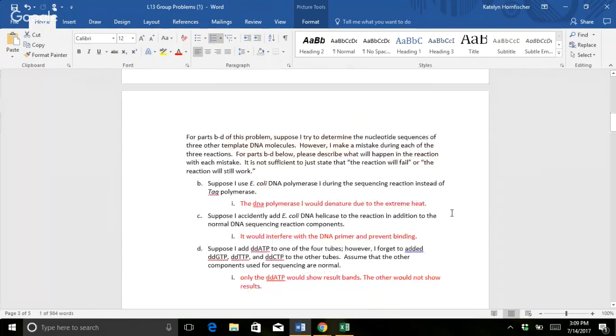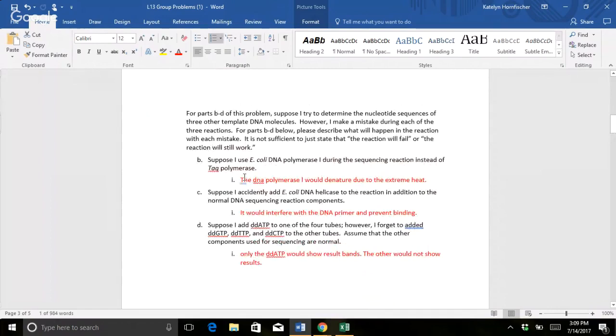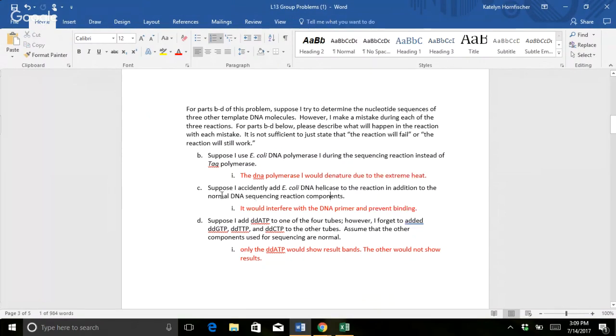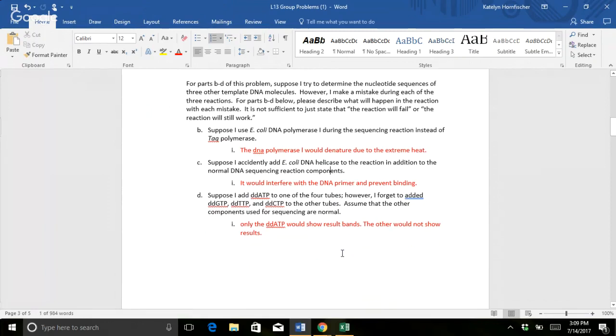For B, the DNA polymerase would denature due to the extreme heat that the Taq can handle. For C, it would interfere with the DNA primer and prevent binding.